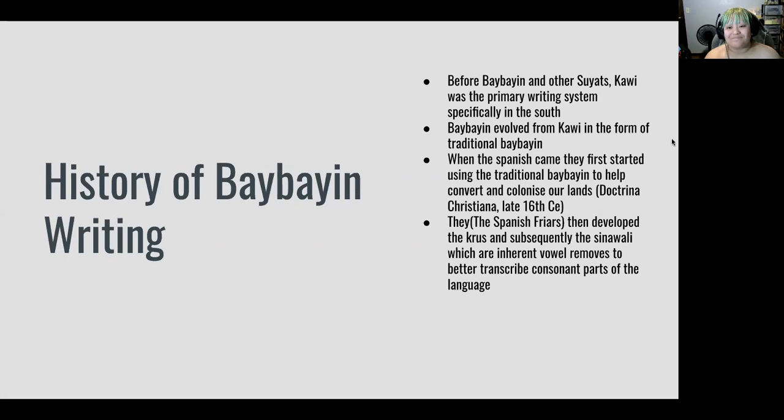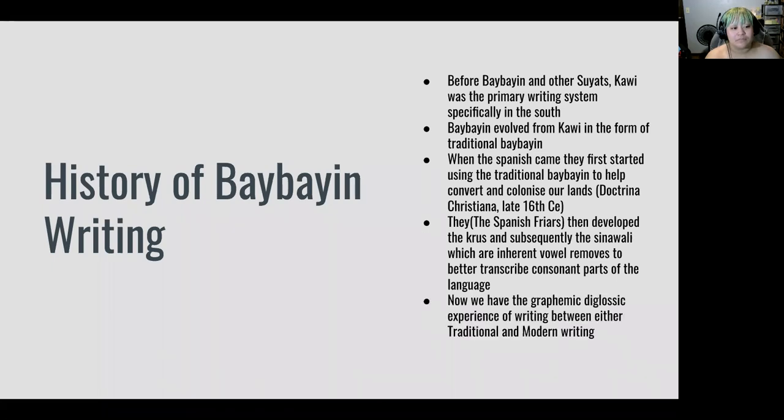Why colonizers? RIP. They remove the vowels to better transcribe the finals and the consonant parts of the language itself. Now we have a graphemic diglossic experience of writing between either traditional and modern writing.